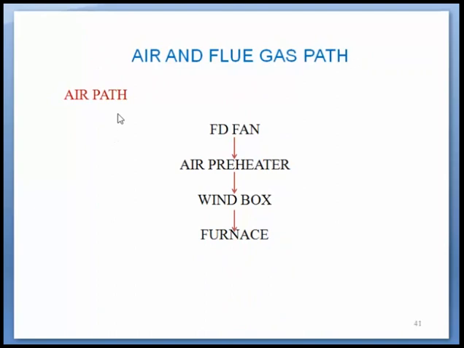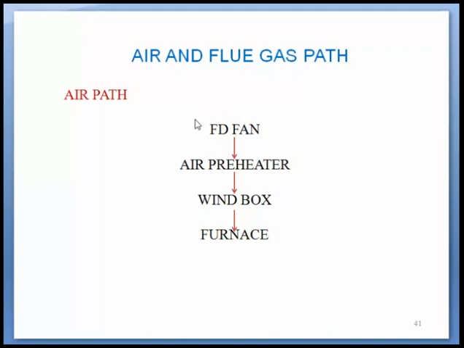Then comes the air path. There are two types of air supply: one is primary air and the other is secondary air, also known as combustion air. As we discussed, the purpose of primary air is to carry the coal, and it is supplied by the primary air fan.